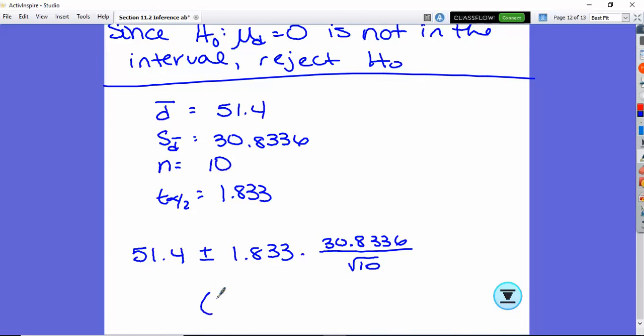So if you do the minus, you get 33.527, and then we do the plus, and I get 69.273. It's just slightly different than the one our calculator gave us. The third decimal is different. That's just rounding error, and it's to be expected.